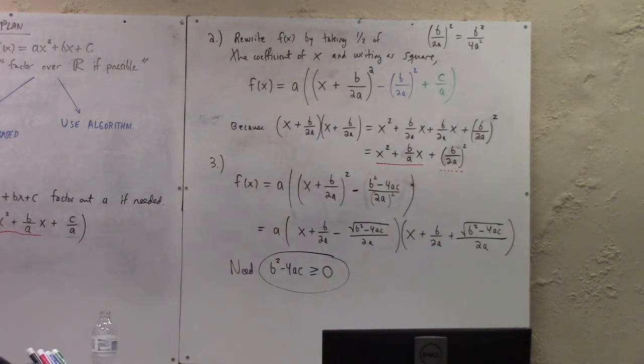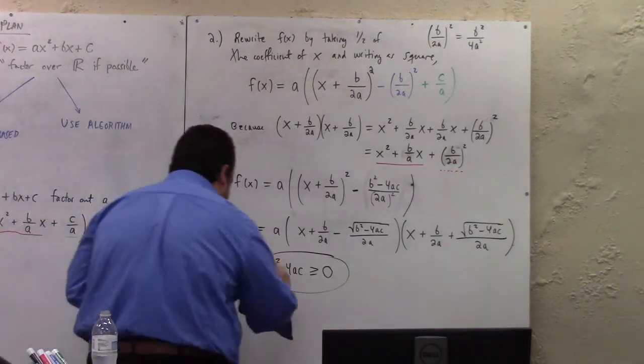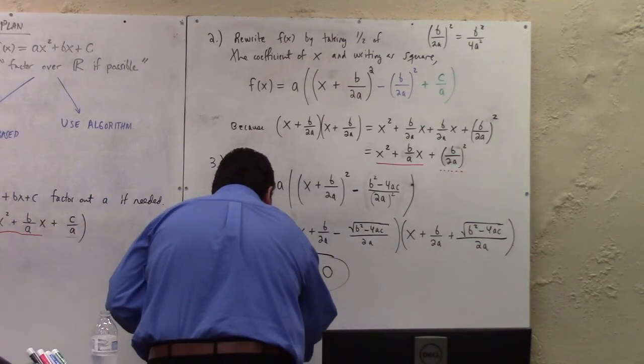So what I'm telling you is we can decide whether or not a given quadratic can be factored nicely or possibly ugly with real numbers by just checking if this quantity b squared minus 4ac is non-negative. That will decide for us whether or not it's possible to factor or not. This is called the discriminant, because it discriminates what kind of problem you have.